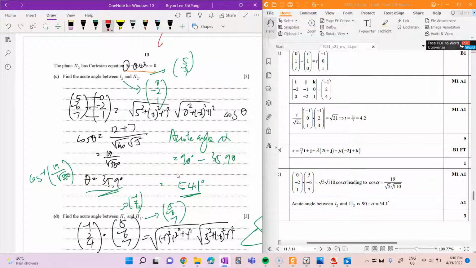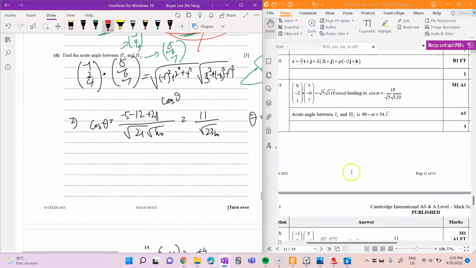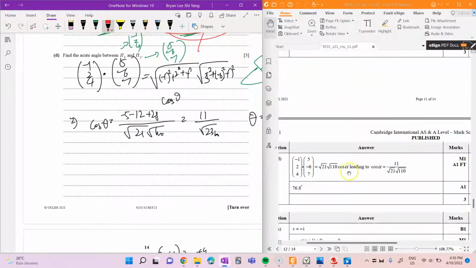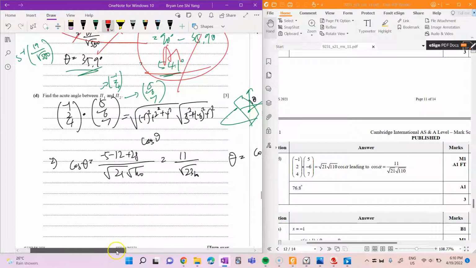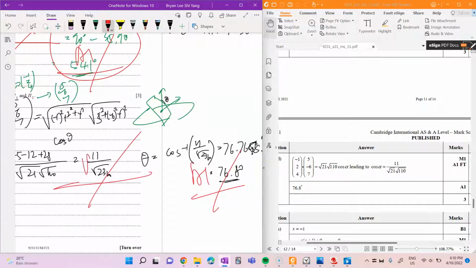I used the cross product thing, so M1, so cosine theta, or maybe alpha, is equal to this one, and then I did subtract it, so another A1 over here, full marks. Find the acute angle between, so this is 76.8, I guess. I saw this, I give myself an A1, and then this whole thing is another A1.